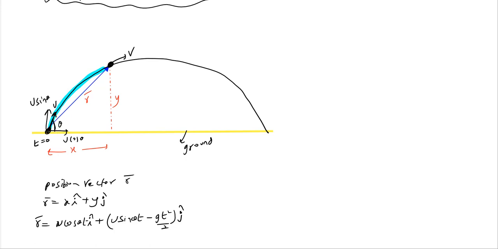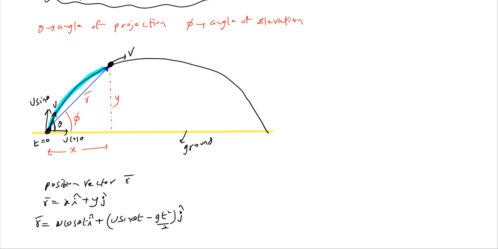This angle we'll call the angle of elevation. We'll define all the things. So theta is the angle of projection, and phi is called the angle of elevation.